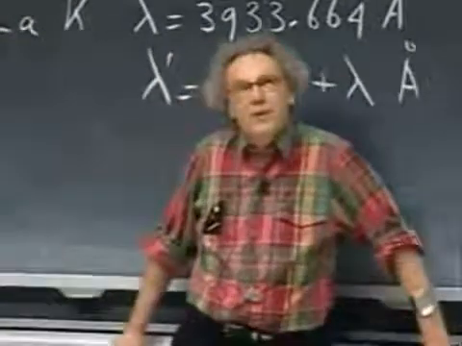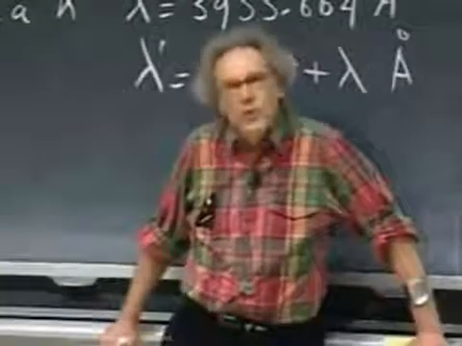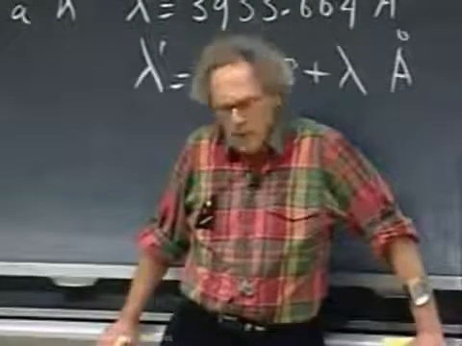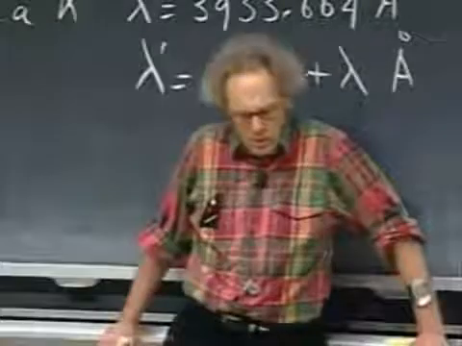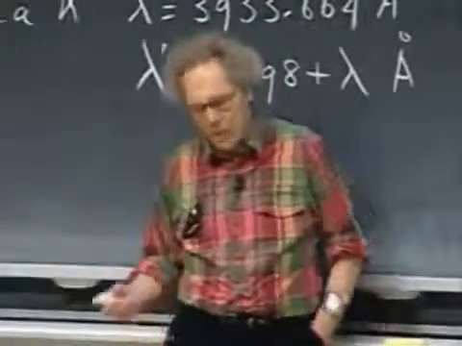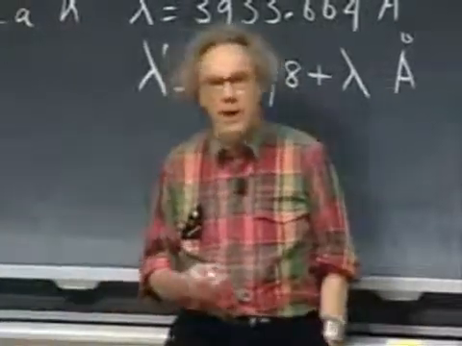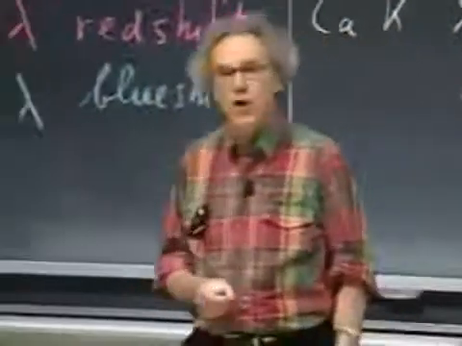It was Slipher in the 1920s who observed the redshift of some nebulae which were believed at the time to be in our own galaxy, and he found that they had a very high velocity of up to 1,500 kilometers per second, and they were always moving away from us. And it was found shortly after that that these nebulae were not in our own galaxy, but that they were galaxies in their own right.